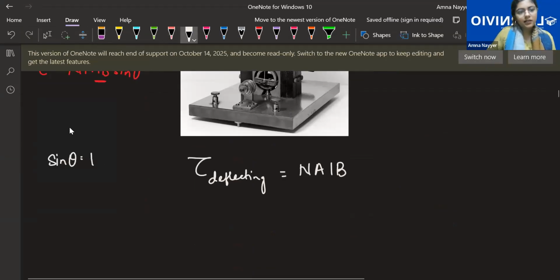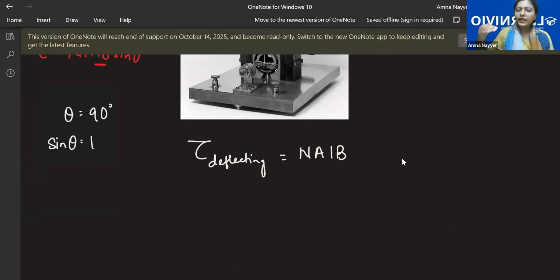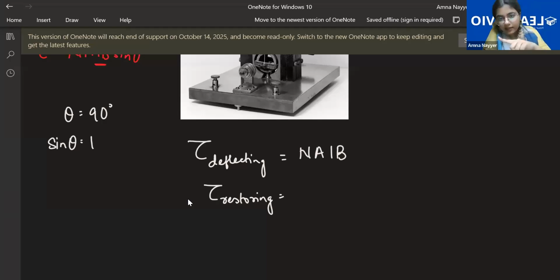The magnetic field will be perpendicular to the area. Now, the torque that is required to bring back the pointer to its mean position is known as the restoring torque. Whenever you have any system, not just the galvanometer, the deflecting torque will try to deflect it and the restoring torque will try to bring it back.